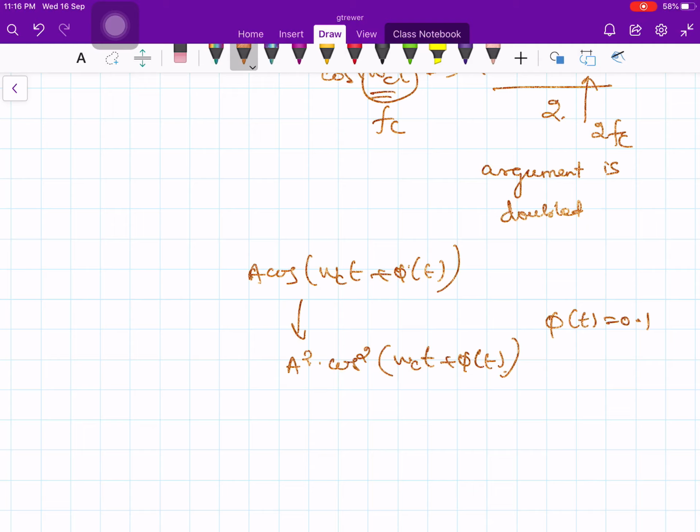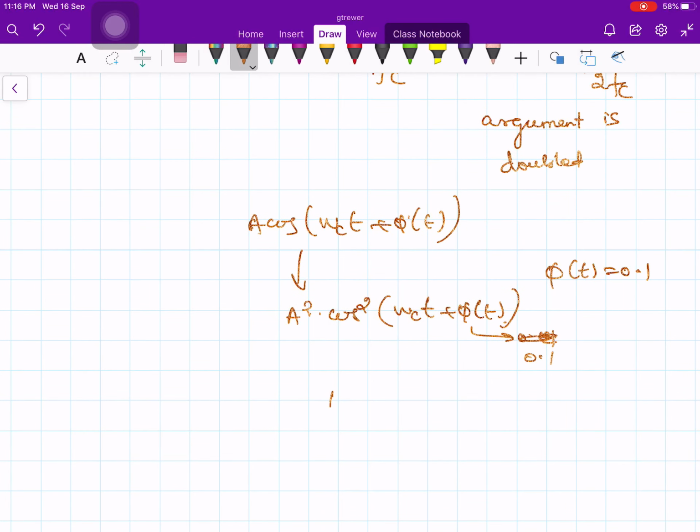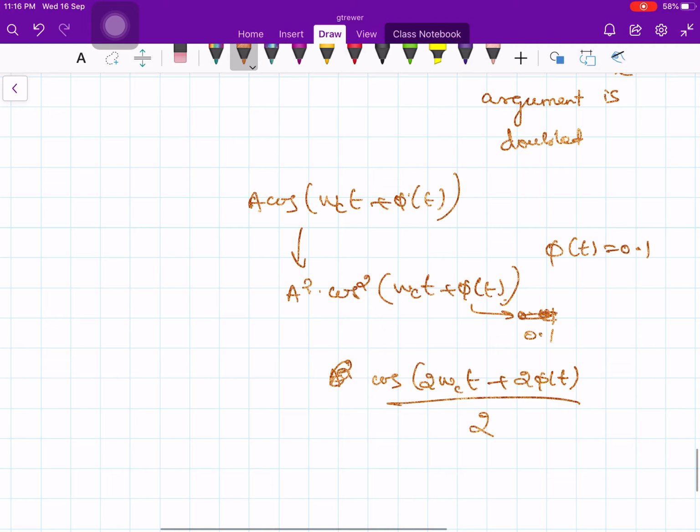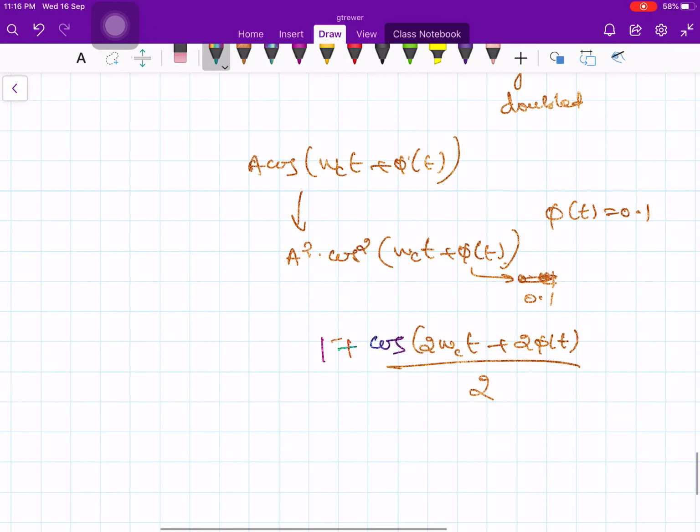Now after this square, this becomes A squared times cos square of 2 omega ct plus 2 times phi of t, that is 1 plus cos of 2 omega ct plus 2 phi t. So initially I had 0.1, now it becomes 2 times 0.1, therefore it becomes 0.2.